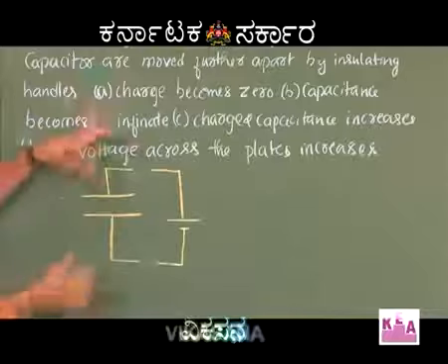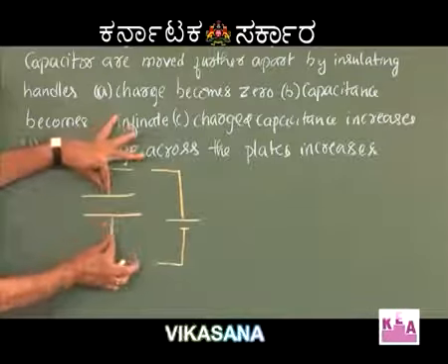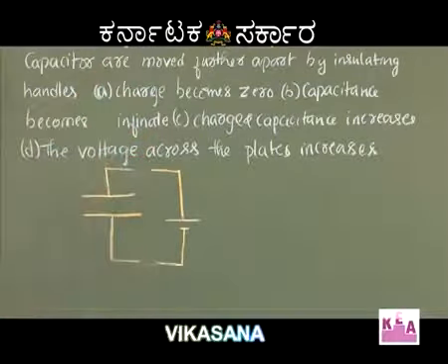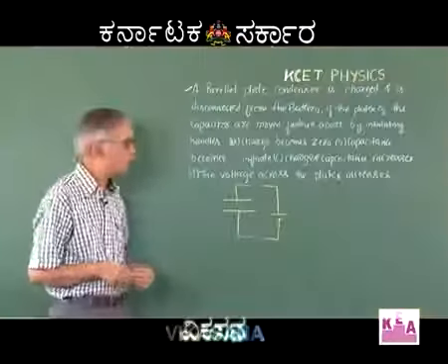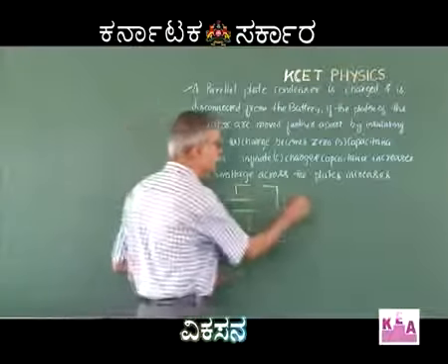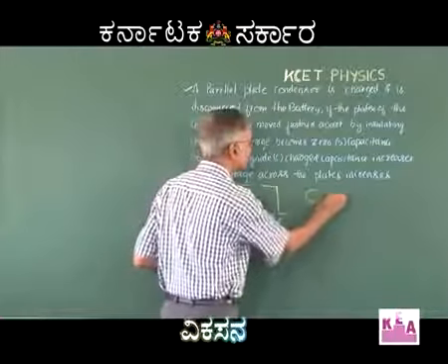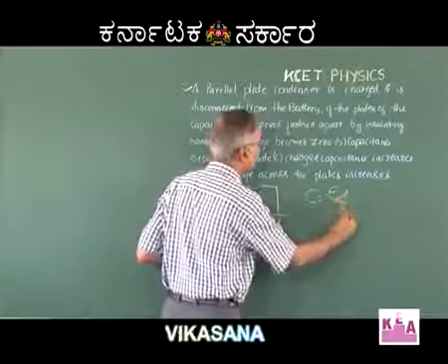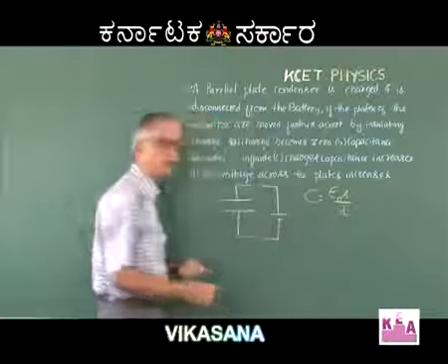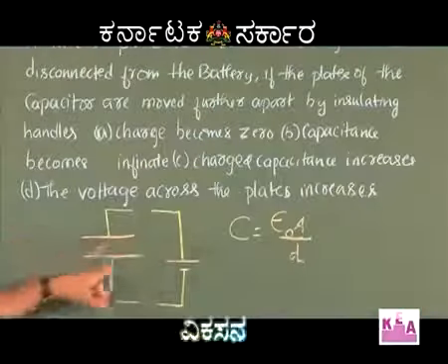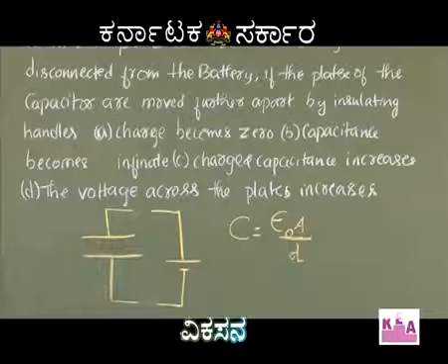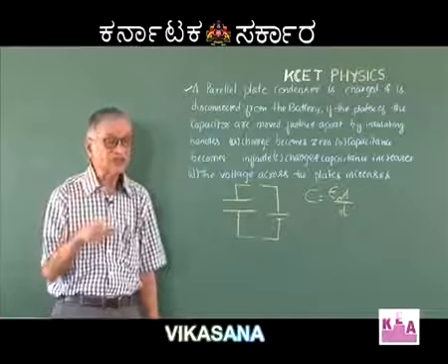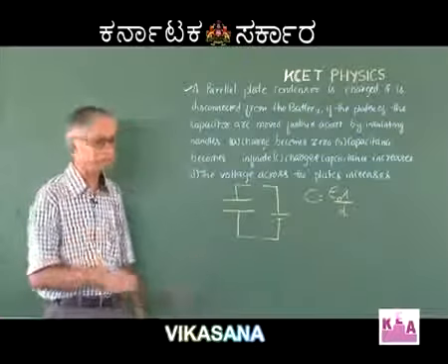Now, by the insulating handles, if you pull the plates apart, you know that capacity is given by the formula C is equal to epsilon 0 into A divided by D. Therefore, when D increases, capacity decreases. You can agree that the charge on the condenser will not change.